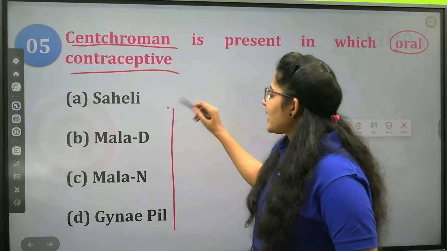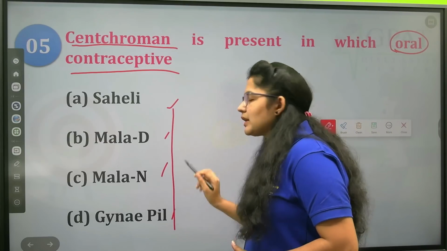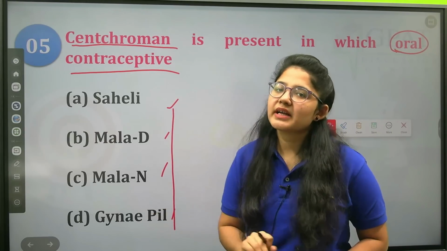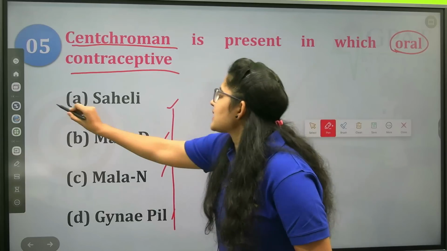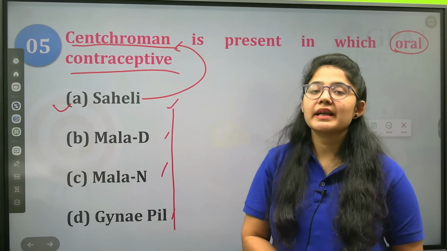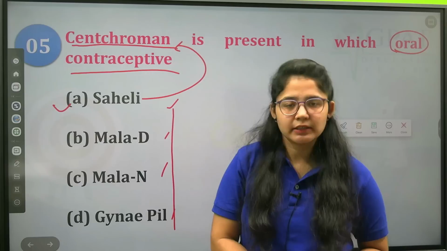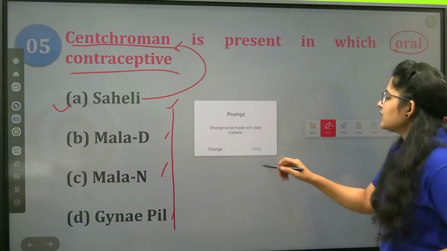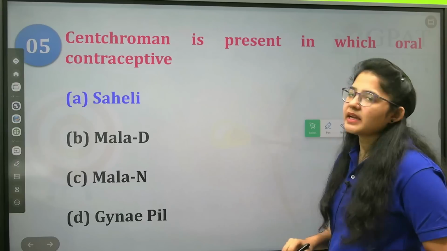As you know, Saheli, Mala-D, Mala-N and the Anti-pill are all contraceptives. But Saheli consists of centchroman. Also, it is a non-steroidal product. Clear? The correct answer will be Saheli.